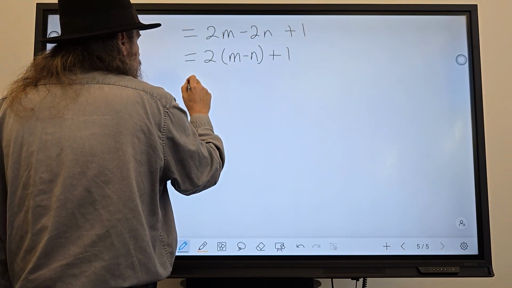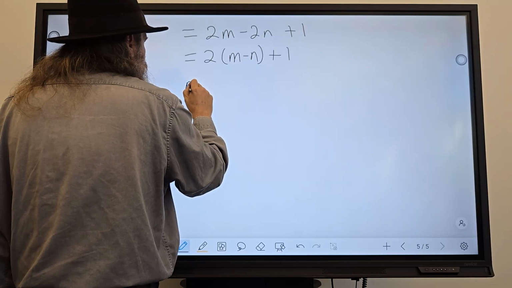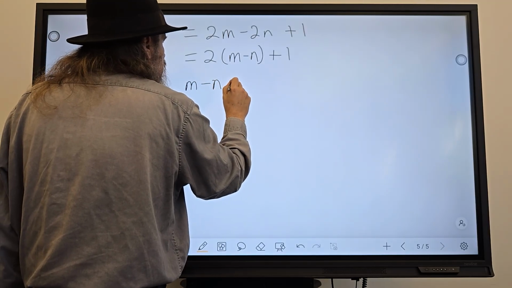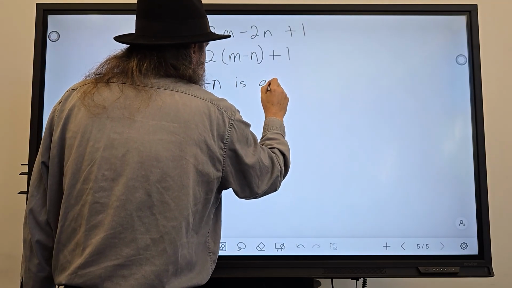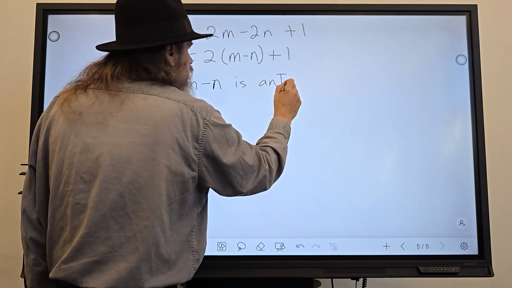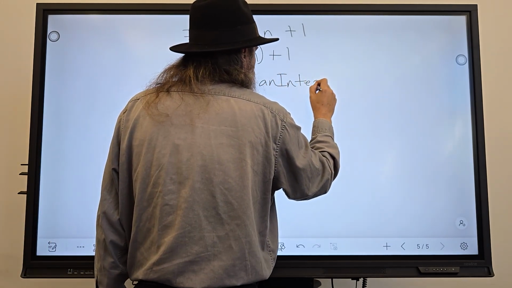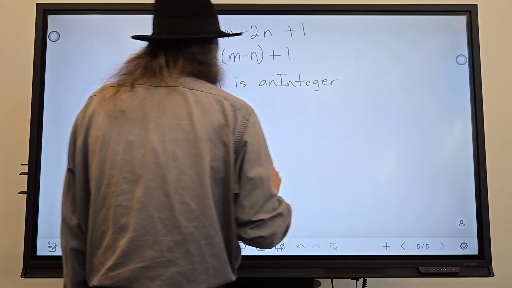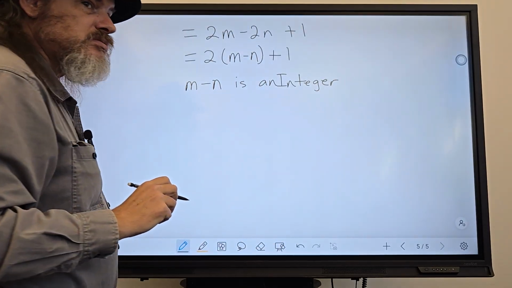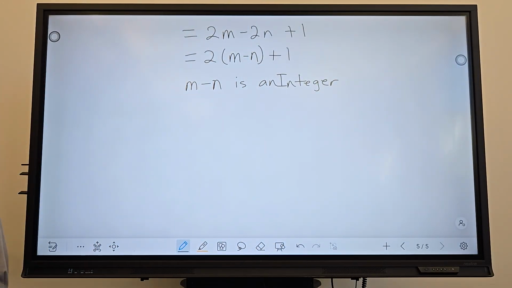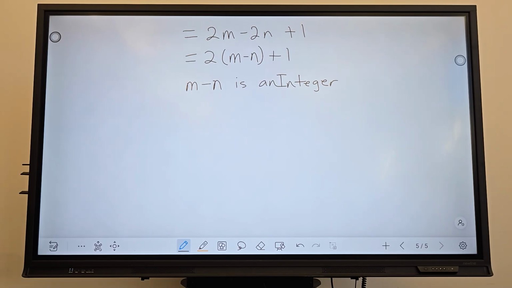And then m minus n is an integer, because subtraction is closed on the set of integers, an assumption that we can make according to the rules given.